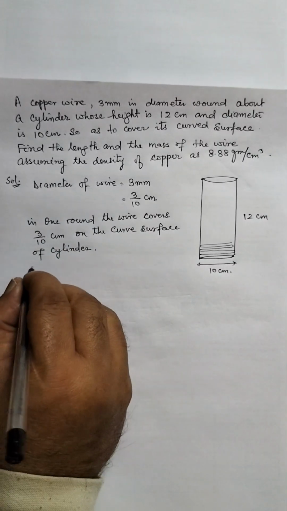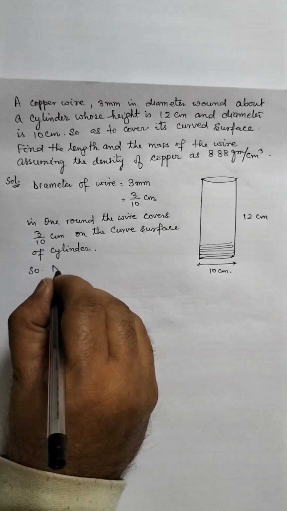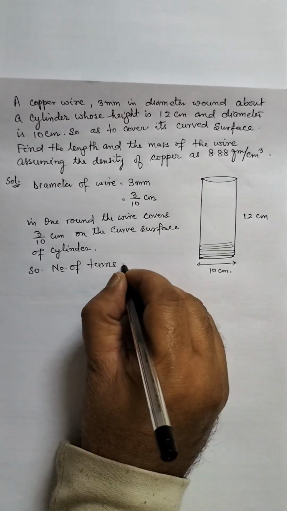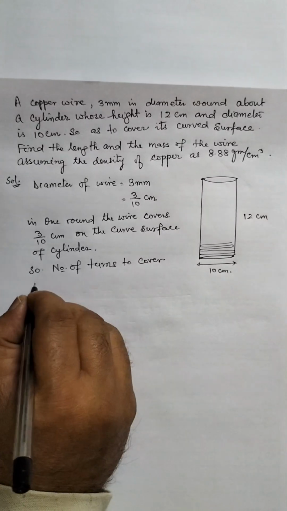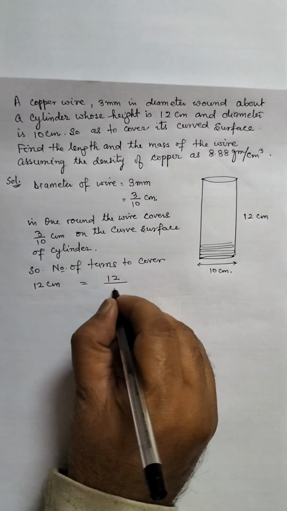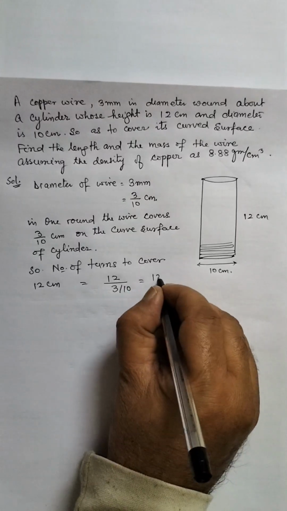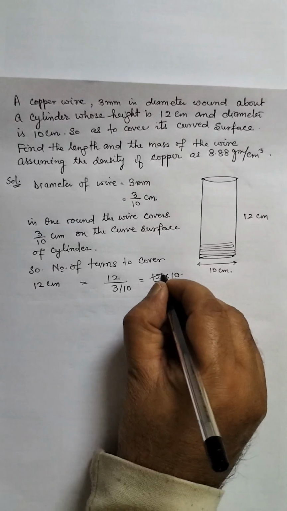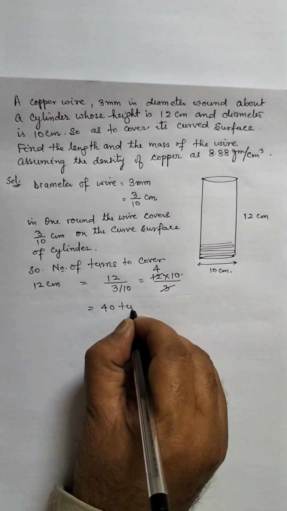Now, number of turns to cover 12 centimeter is equal to 12 divided by 3/10, which is 12 times 10/3. Cancelling, it gives you 40 turns.